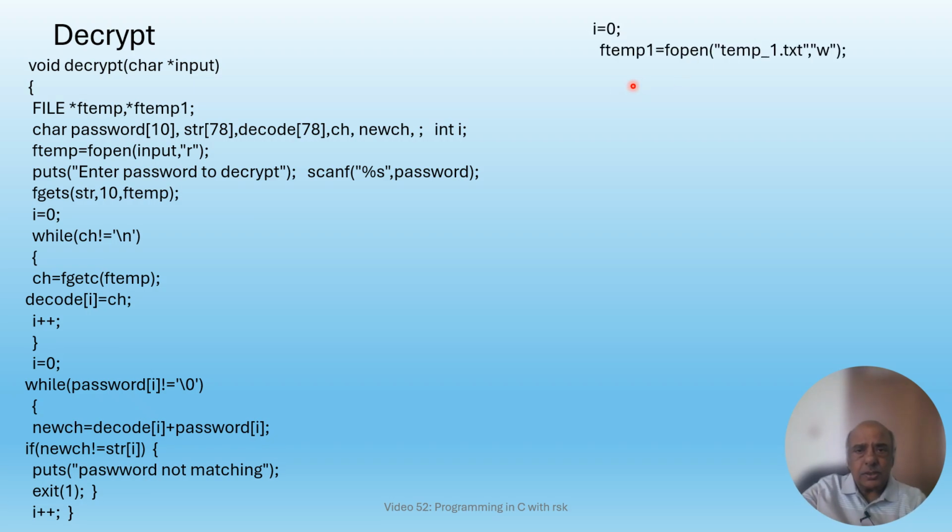Now we are opening the temp_1.txt file for writing. What we will write here is whatever is the decrypted version of the file temp, which is an encrypted file. Then we run a while loop, which gets terminated when the end of file has been reached.